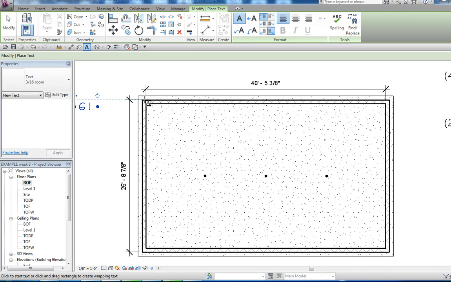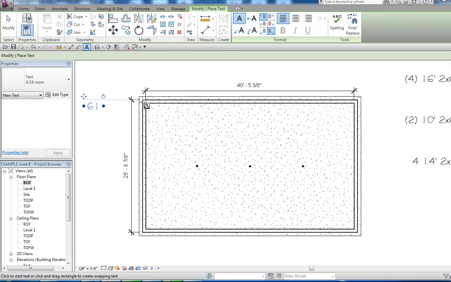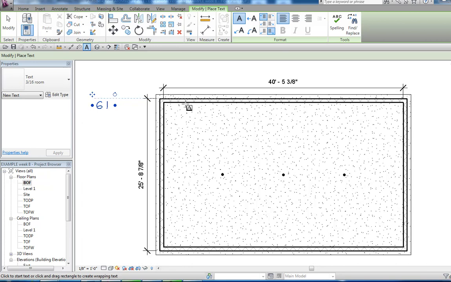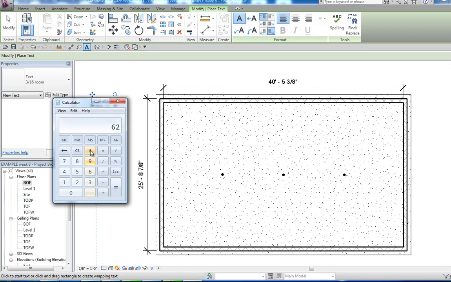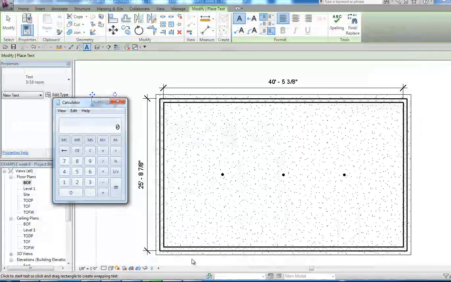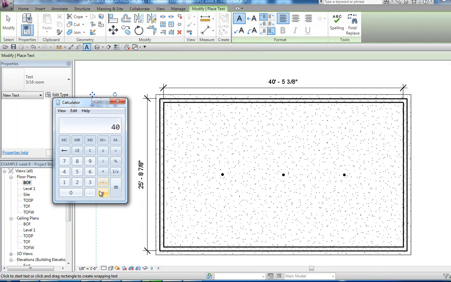and we've got to figure out how many header plates that we need. And they're going to be 2x10 as well. Whatever your floor joist is, that's what your header plate is. And we're looking at 40 foot 5 3/8. We'll take 40.5 times 2, that'd be both sides.